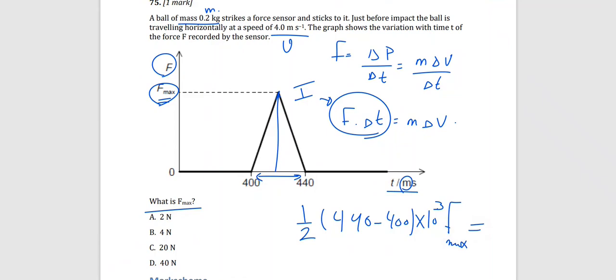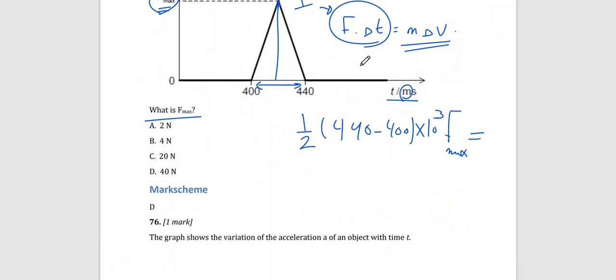And this will equal M times delta V. M is 0.2 and velocity is 4, so 0.2 times 4. If you calculate this, you should get 0.02 F maximum will equal 0.8.